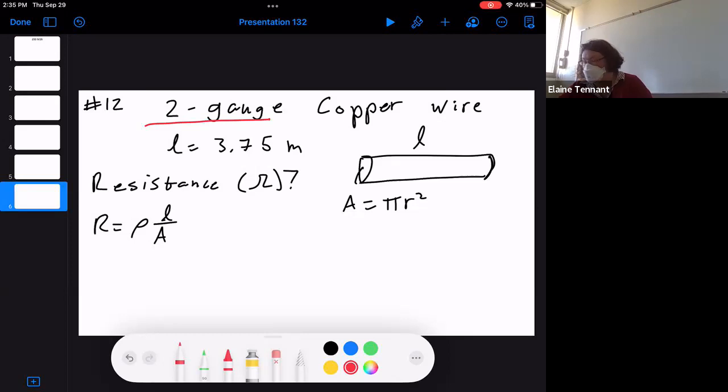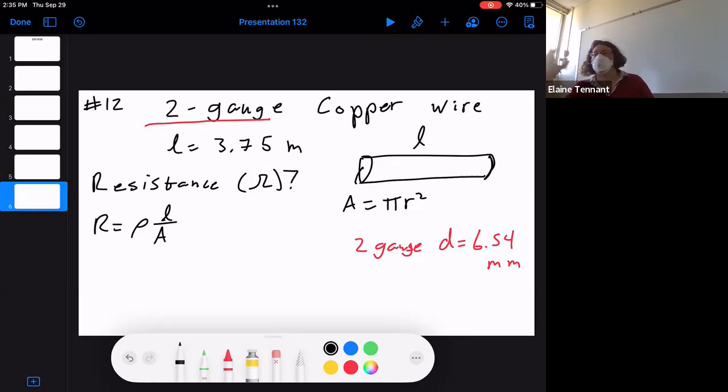What we have is a 2-gauge, which has a diameter of 6.54 millimeters. And just so you know, gauges are actually a standardized unit.